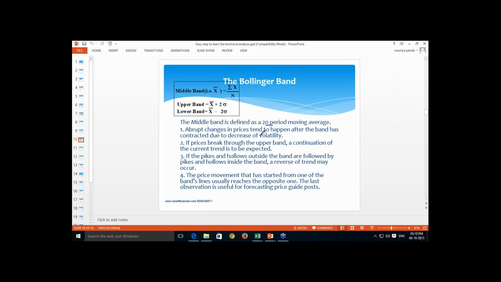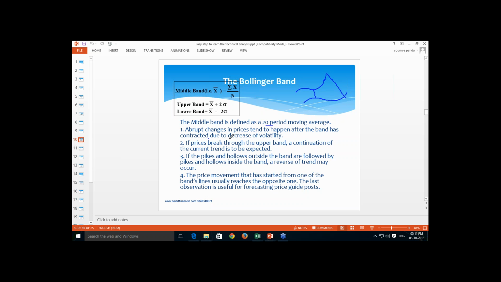He also said that the band contracts due to a decrease in volatility. The bands have a nature of expanding and contracting. Whenever the band contracts, you can say that volatility is falling, and this is setting a trend for the future.